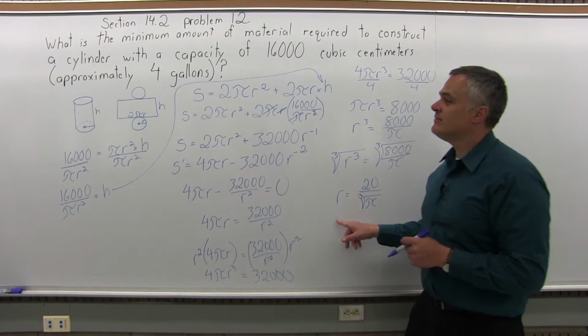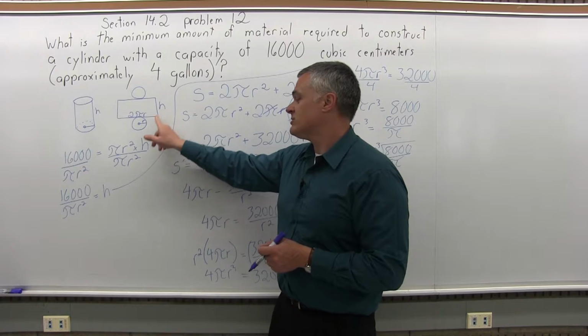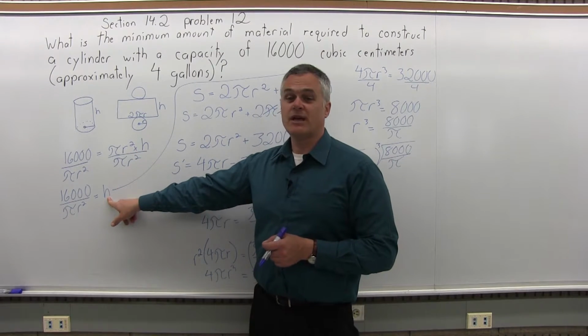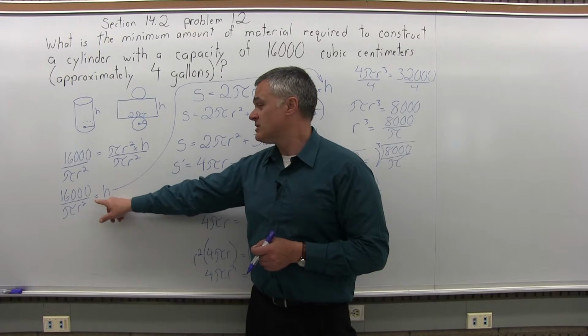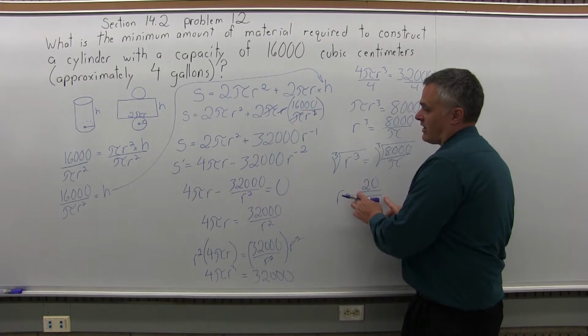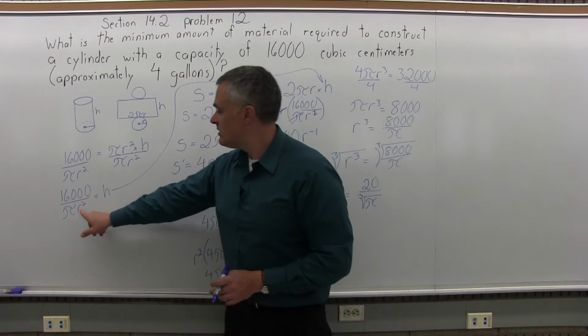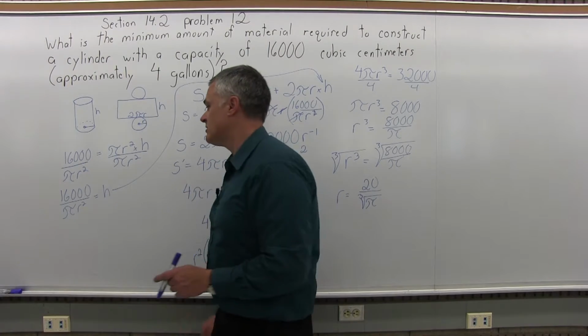Now, to find the final answer, I also have to find h. Now, if you notice, I happen to have an equation that solves for h. So let me take this equation, take my kind of cumbersome looking answer for r here, and plug it in where I have an r. There's an r squared in the bottom in my equation for h.